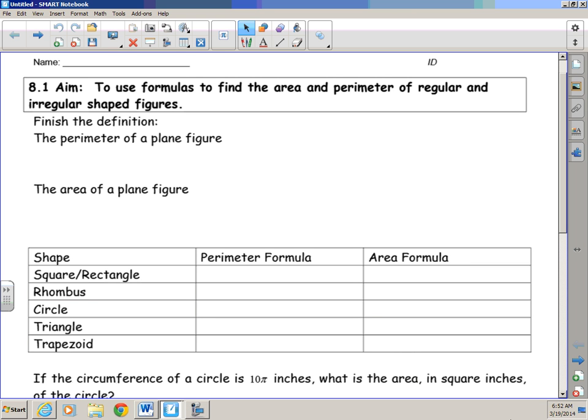What we're going to cover today in this unit on geometry is finding the perimeter and area of regular and irregular shaped figures. As a little bit of a review, the perimeter of a plane figure, and when we talk about plane figure, we're talking about a two-dimensional figure, is the distance around the figure.